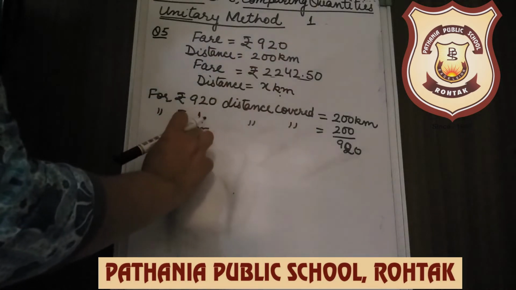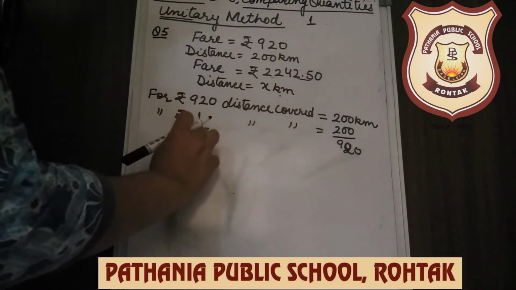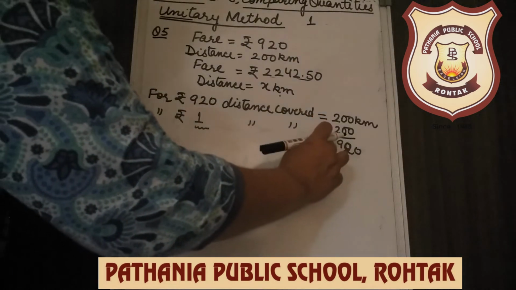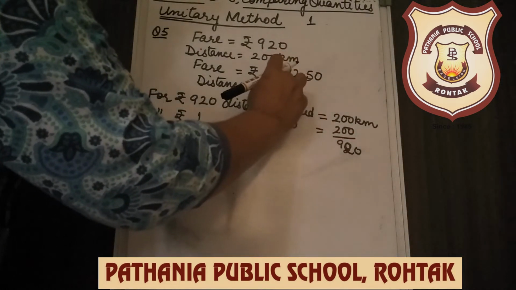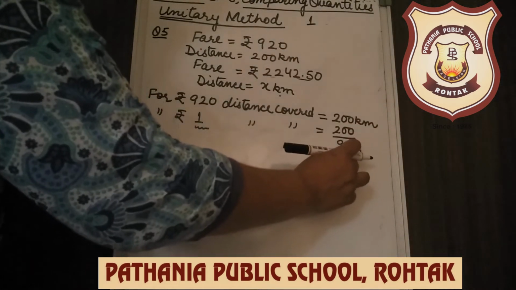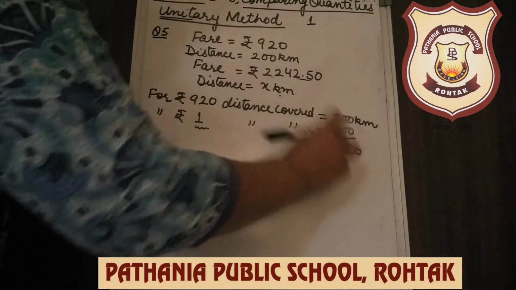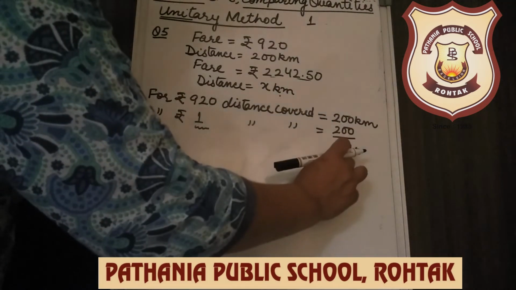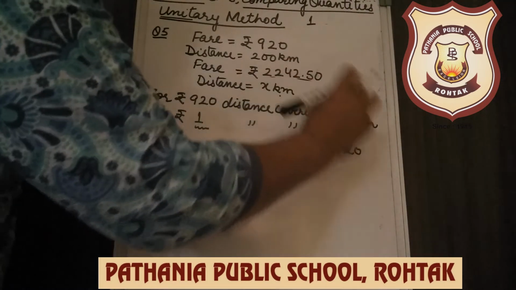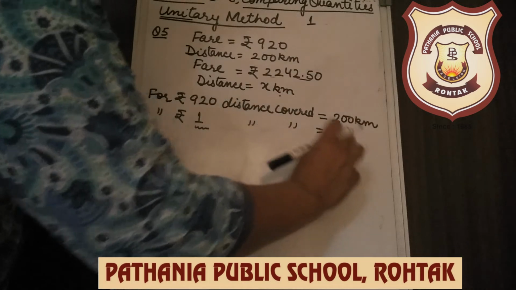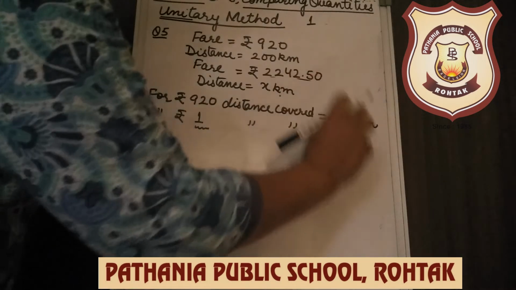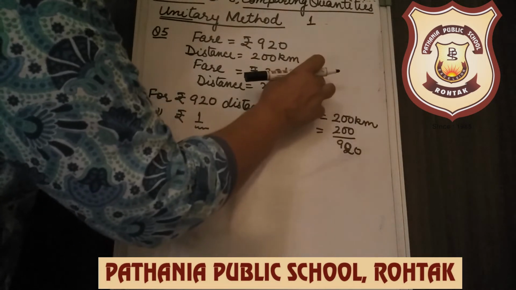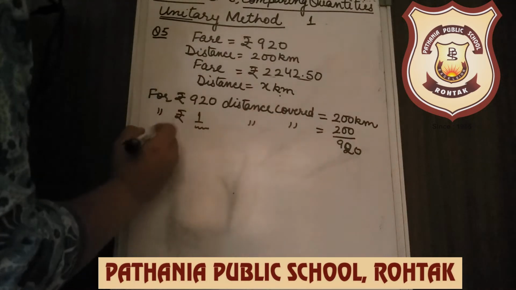Now you know for 1 rupee this distance is covered, and for this many rupees multiply the distance with this, you will get the total distance covered in this amount.